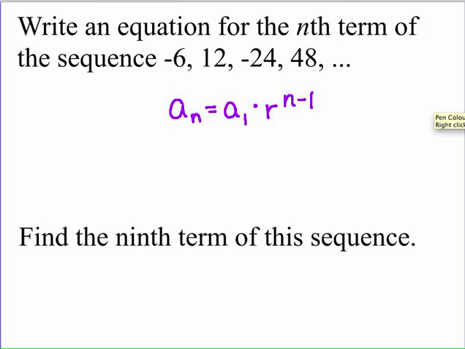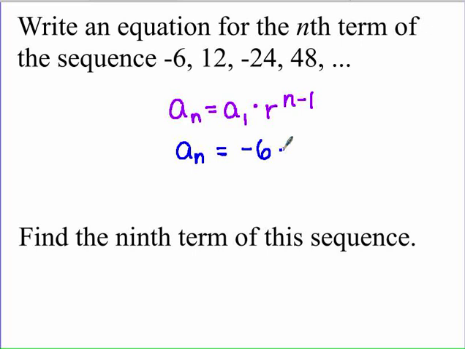I'm going to leave a sub n alone. That's how we read that, because that's a subscript, which means it's lower than a normal line. So a sub n equals a sub 1, the first term. What is the first term in this sequence? -6. Then I've got a times sign.